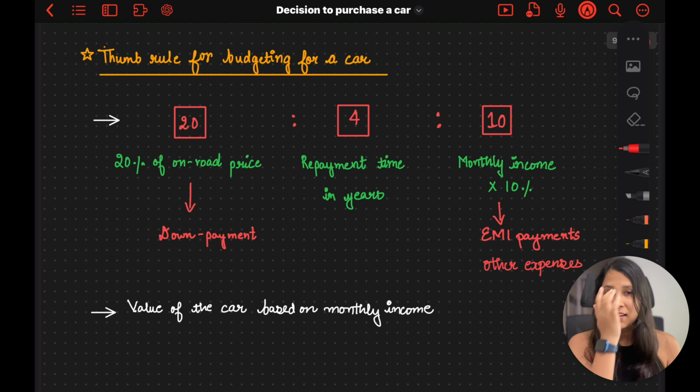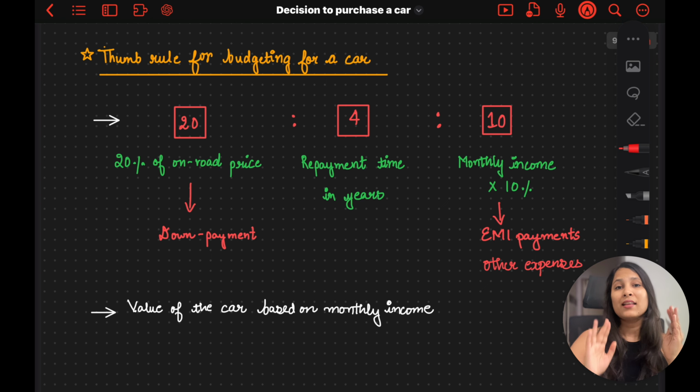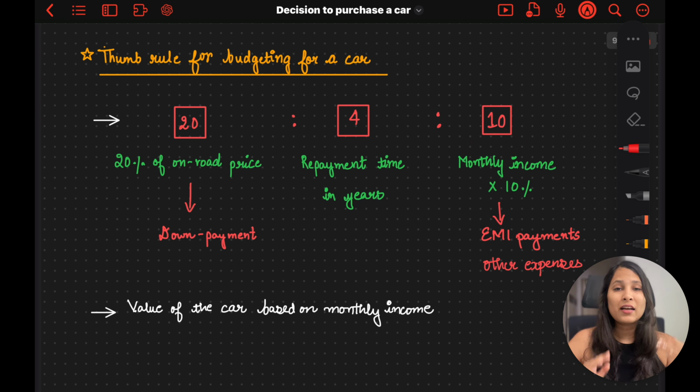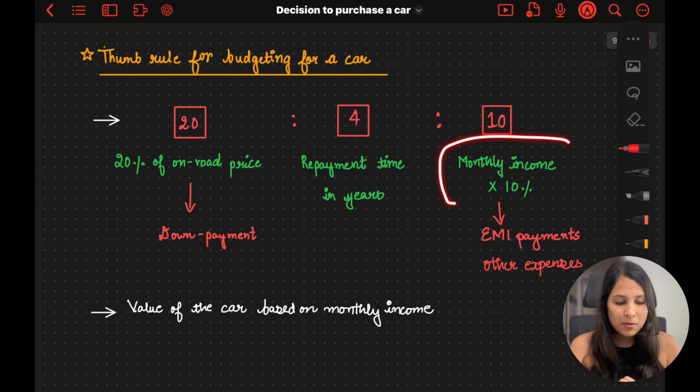Now, the 4 in the same thumb rule stands for repayment time in years. Whenever you are taking a car loan, that car loan should be repaid within 4 years. And lastly, the 10 in this thumb rule says that any expense that you are incurring on the car, for example EMI payments, petrol payments, maintenance payments, all this should be 10% of your monthly income.